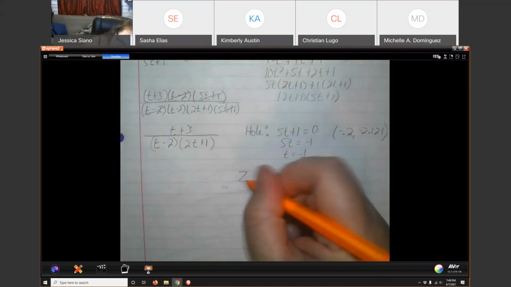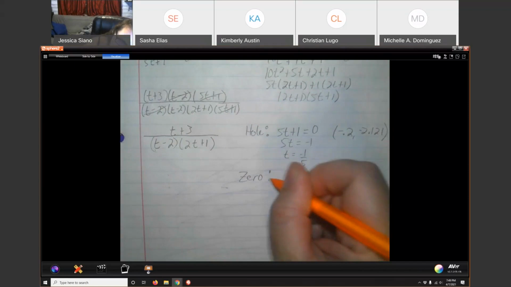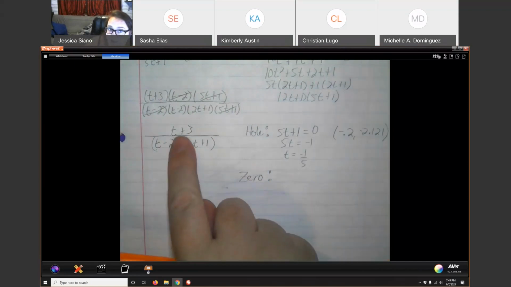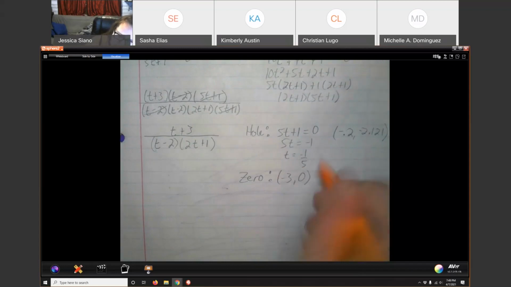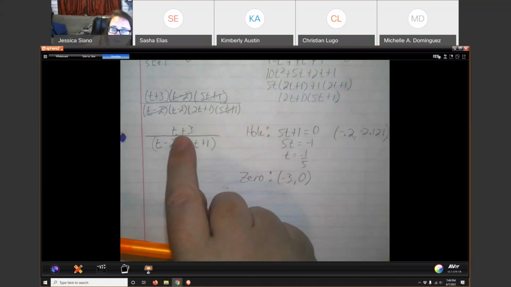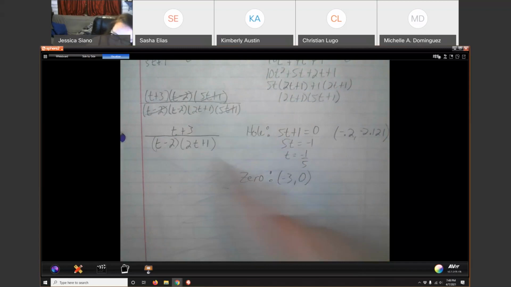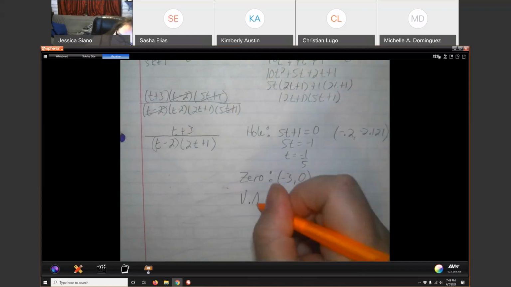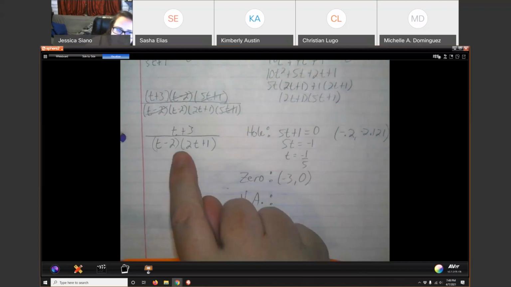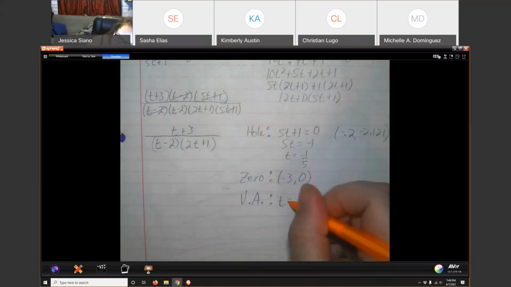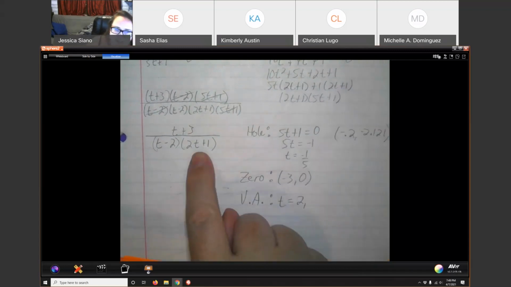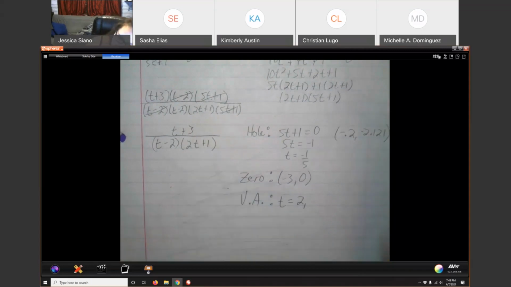My zeros, or single zero, I guess, would be at negative 3, because if I set this equal to 0 and solve, I'd have t equals negative 3. My vertical asymptotes would be at, if I set this equal to 0 and solve, 2. If I set this equal to 0 and solve, negative 1 divided by 2, negative 1/2.